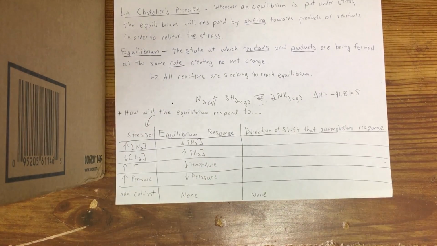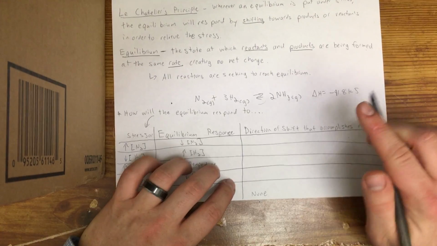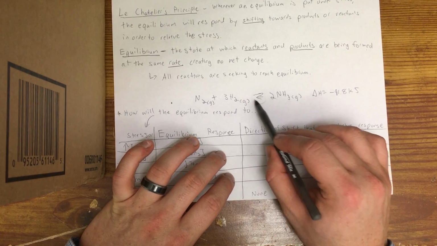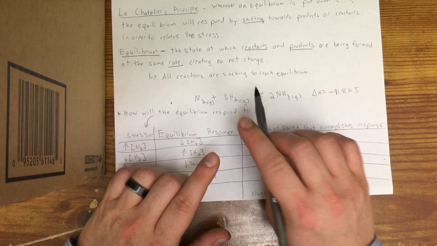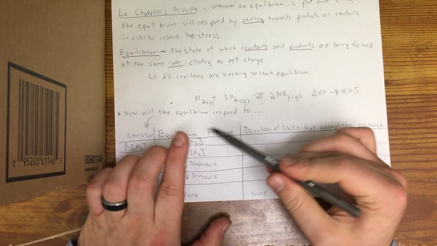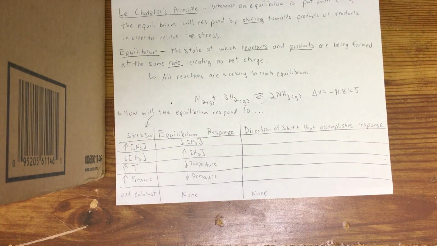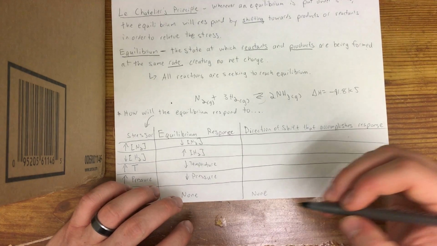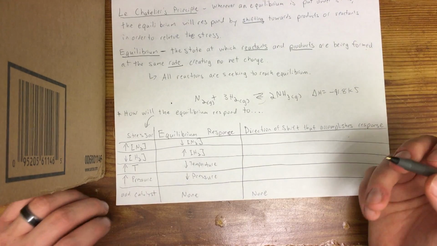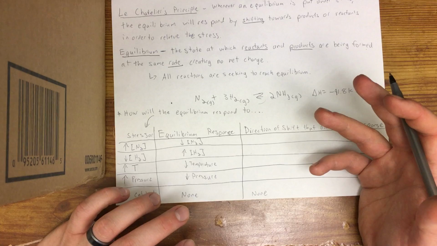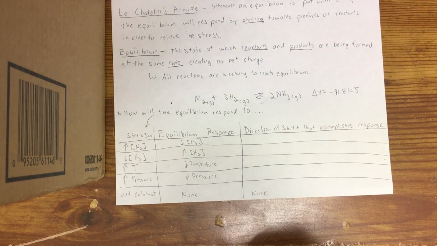So what LeChatelier's principle says is that once this is at equilibrium, we can force it in one direction or the other by putting a stress on the equilibrium. So many of the LeChatelier's principle problems break down to what these different stresses are and how they are affected.